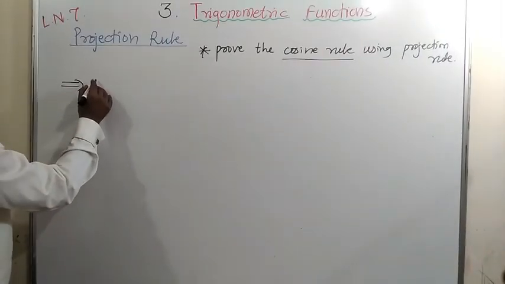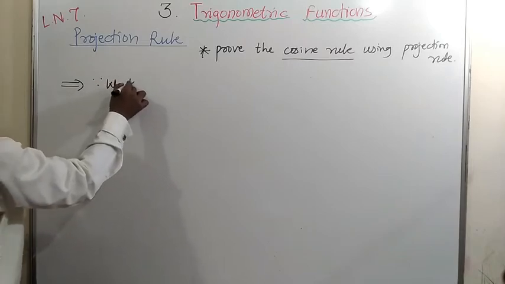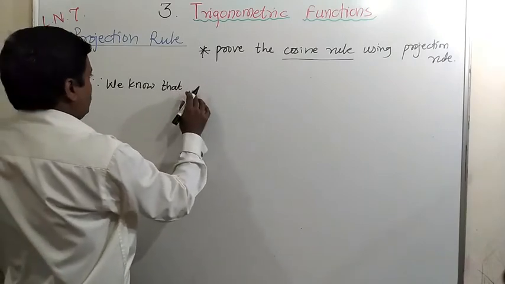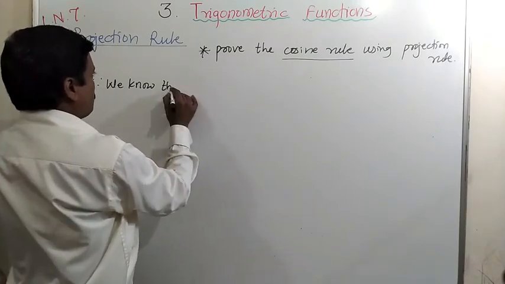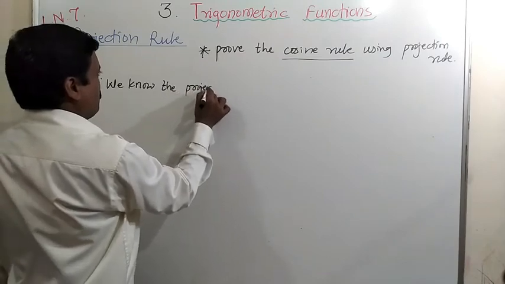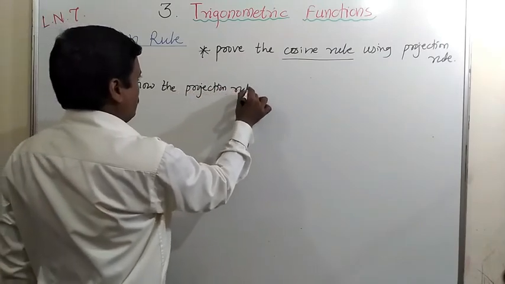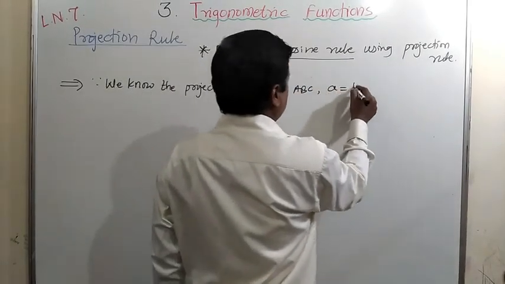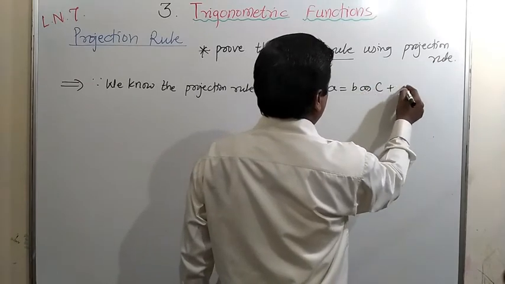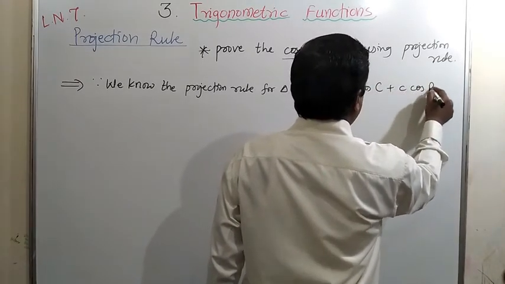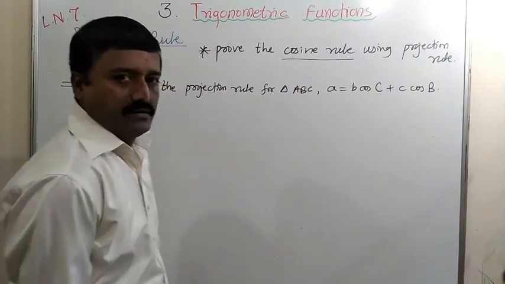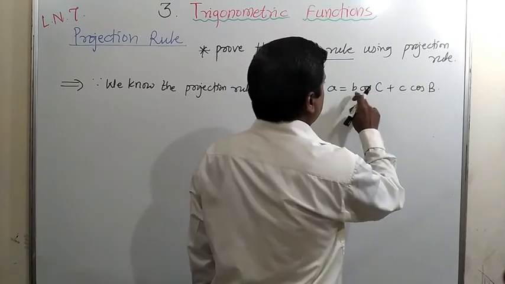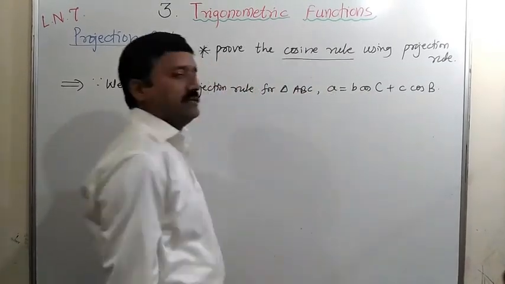Since we know the projection rule for triangle ABC, a is equal to b cos C plus c cos B. While writing, the angle C should be in capital letters and the sides should be in small letters.